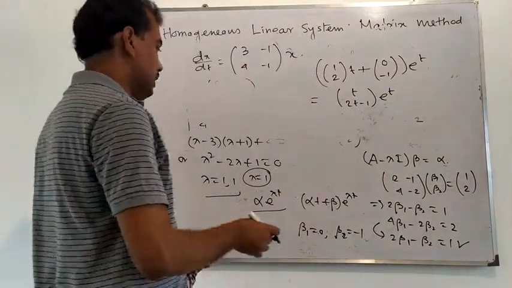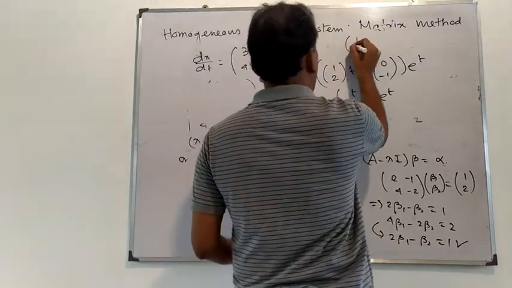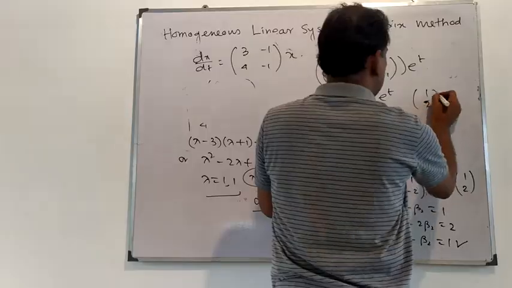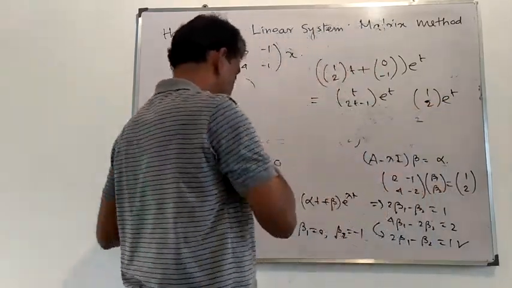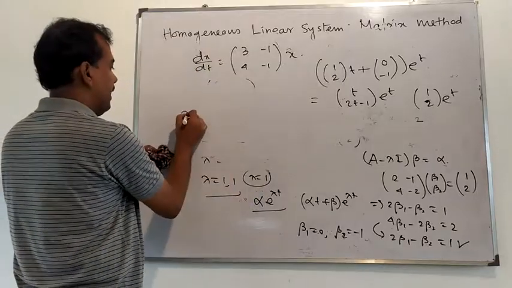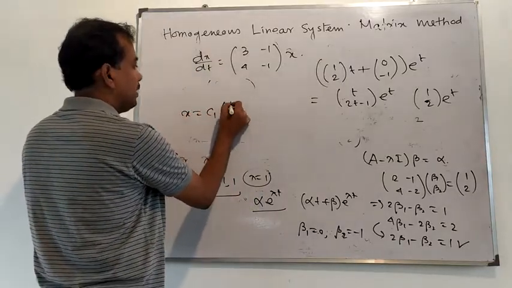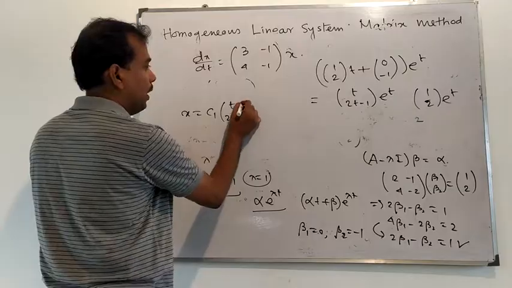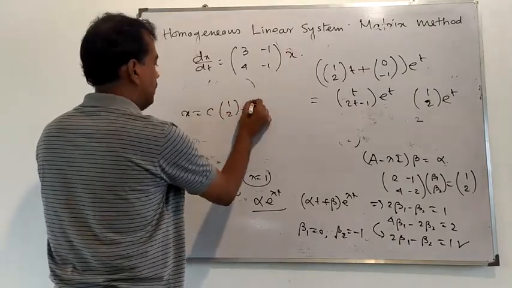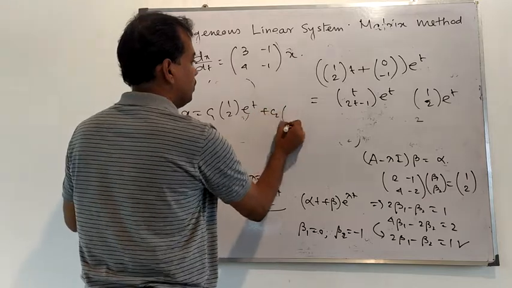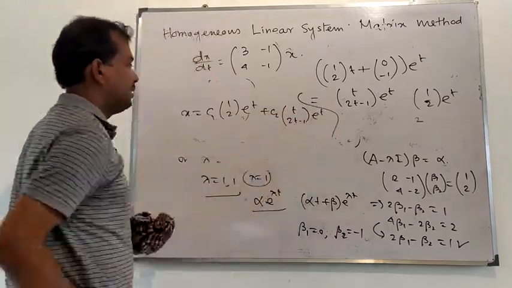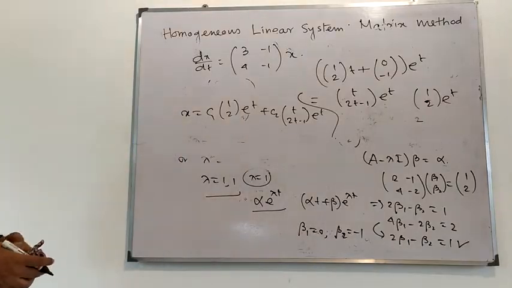The first solution is (1, 2) into e to the power t. So the general solution is x equal to c1 (1, 2) e to the power t plus c2 (t, 2t minus 1) e to the power t.